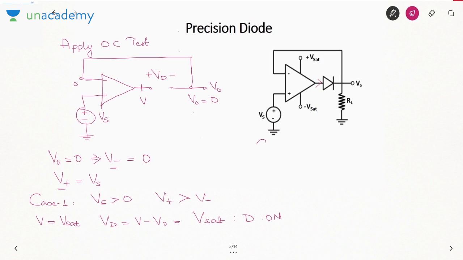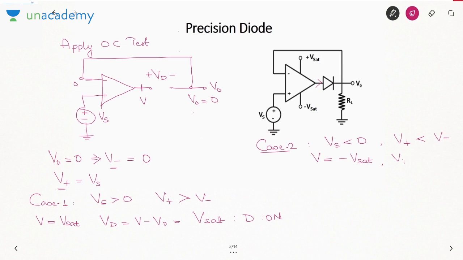What about case number 2? Case 2, when Vs is less than 0. Now positive terminal voltage is Vs, negative terminal voltage is 0. So positive terminal voltage is less than negative terminal voltage. In that case, V will be equal to minus V sat.